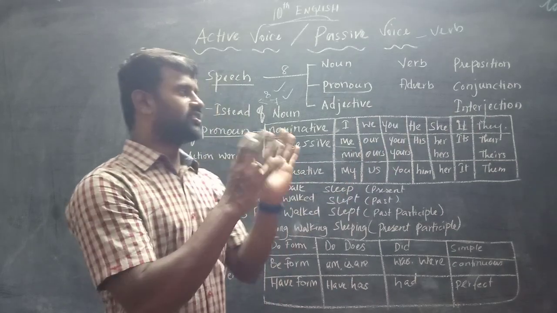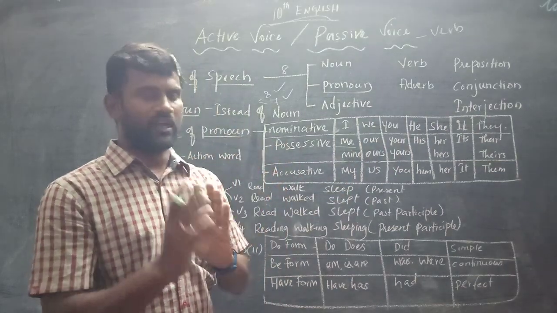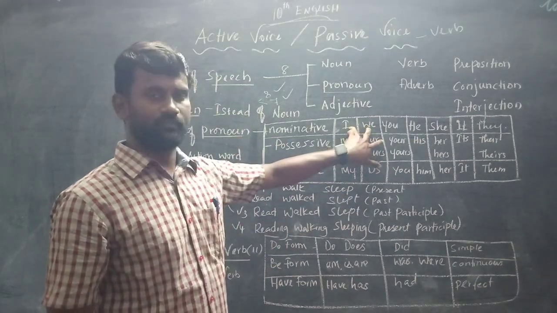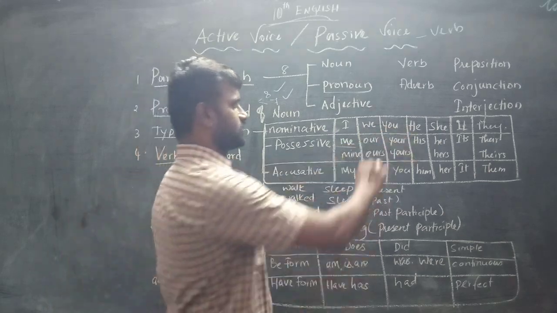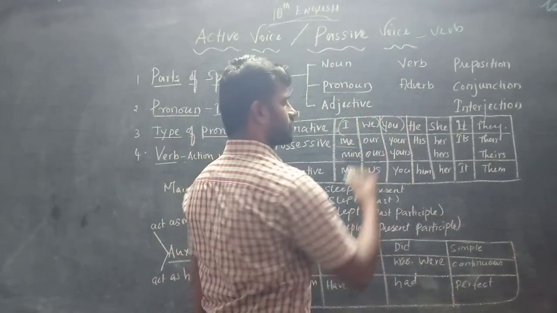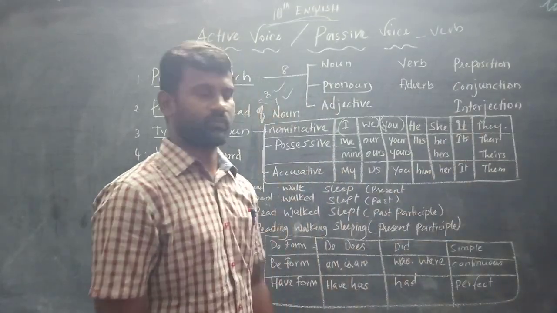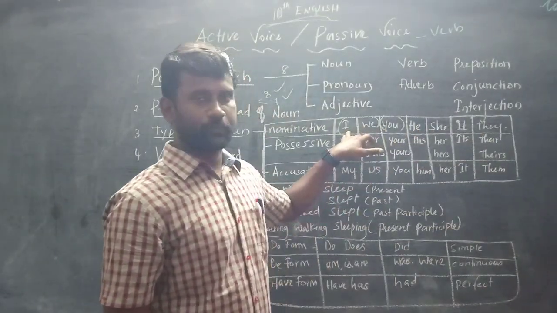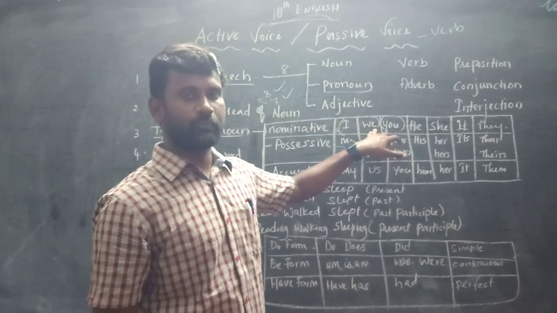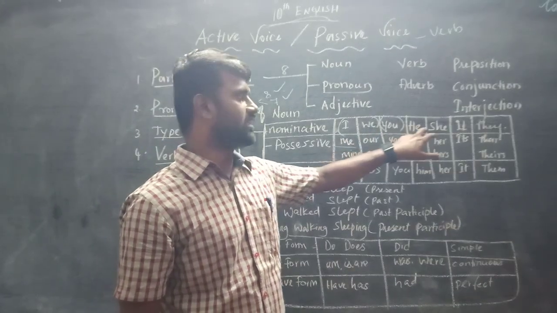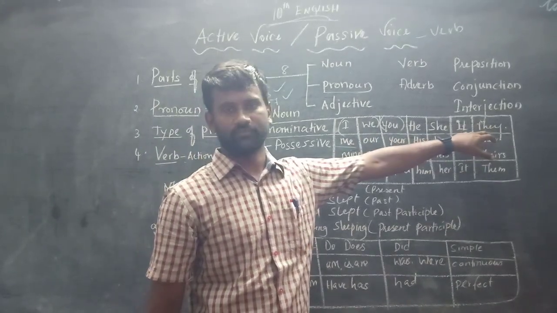This is divided into 3 parts: first person, second person and third person. First person: I and we. Second person: you. Third person: he, she, it and they.